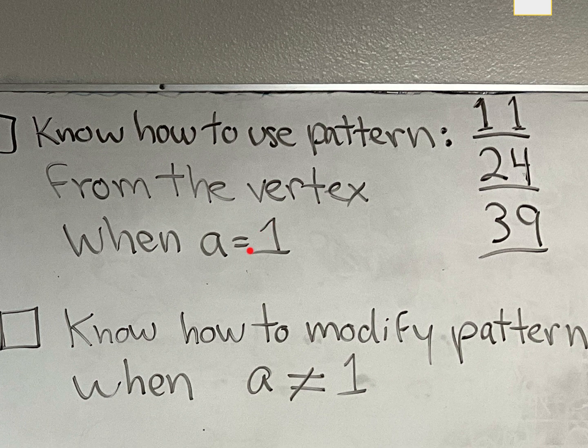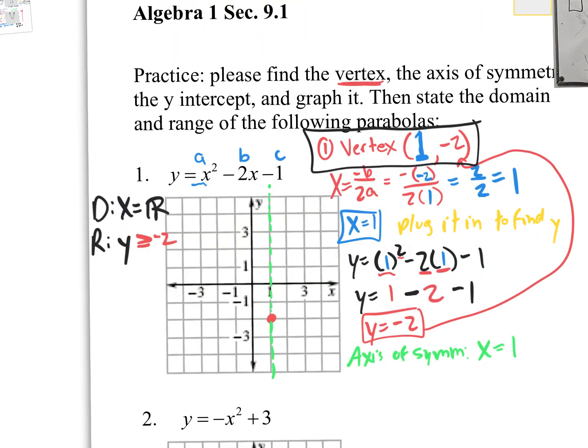So from the vertex, you're going to be able to go 1 over and 1 up, and then you go back to the vertex 2 over and 4 up, then back to the vertex 3 over and 9 up, okay? Let me actually just write down the pattern again. Pattern: 1, 1, 2, 4, 3, 9. And that's only if your a value is 1, which it is. If you had a 3, you wouldn't be able to use this. But it's a 1, you could use it.